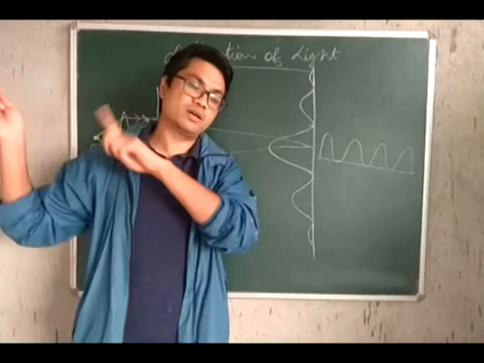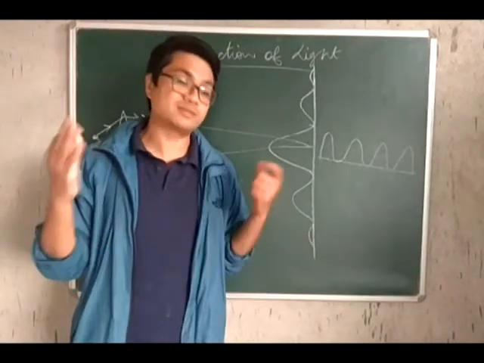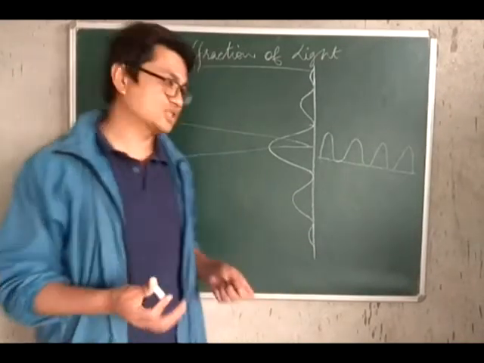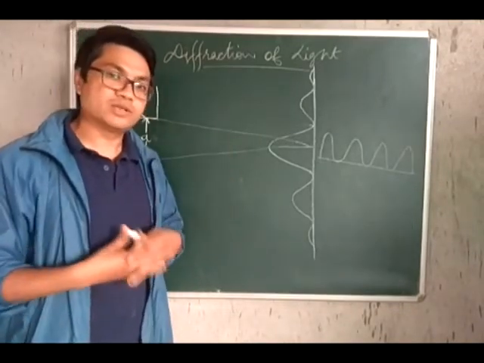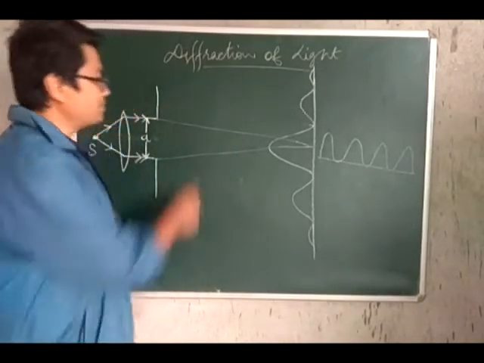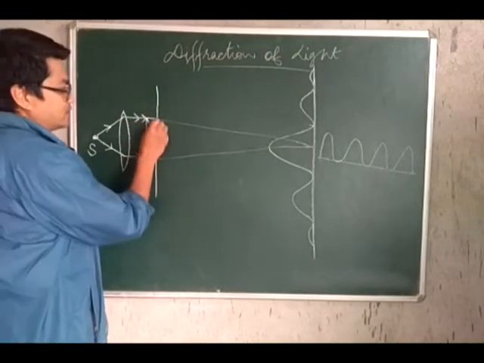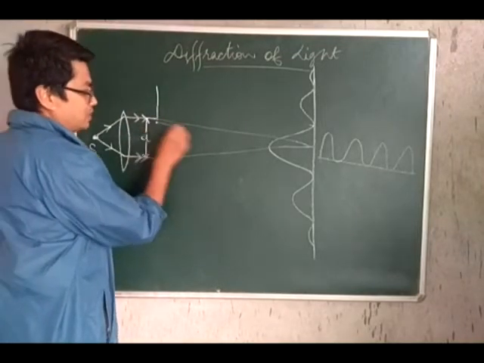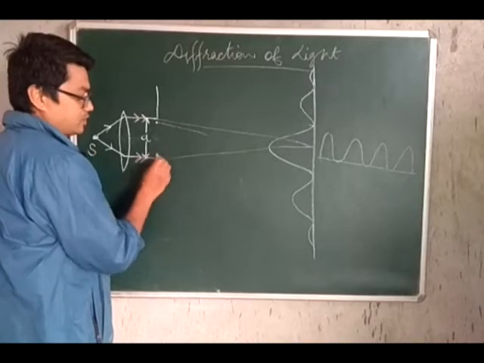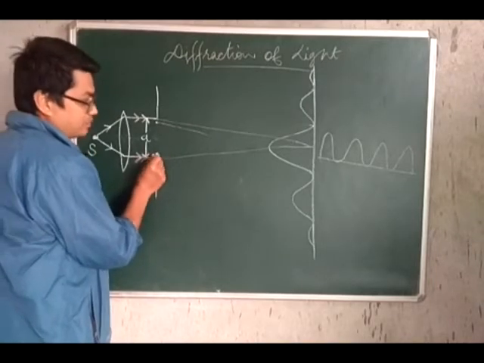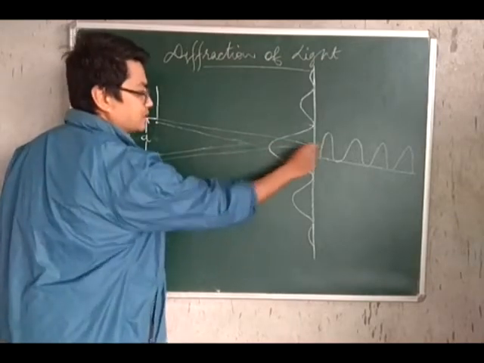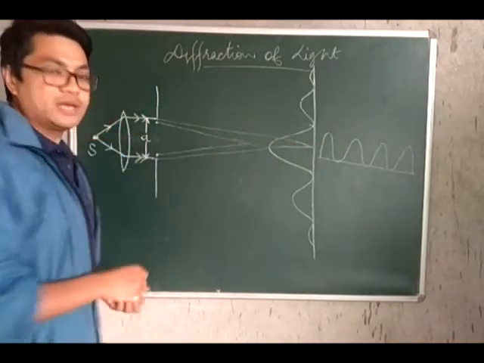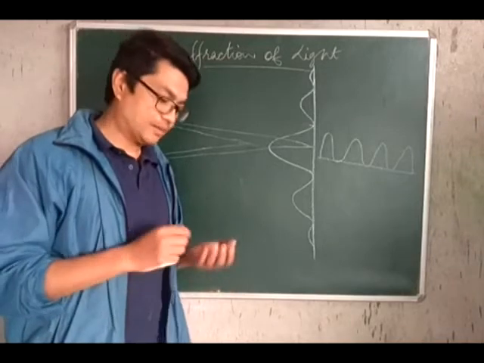The conditions for constructive and destructive interference still apply, remember, because the rays of light are interfering with each other. Another ray will start from a point just below, another from a point just above. They also interfere constructively because the path difference is zero at this particular point, and you get a bright fringe. So this is how we get a bright fringe.